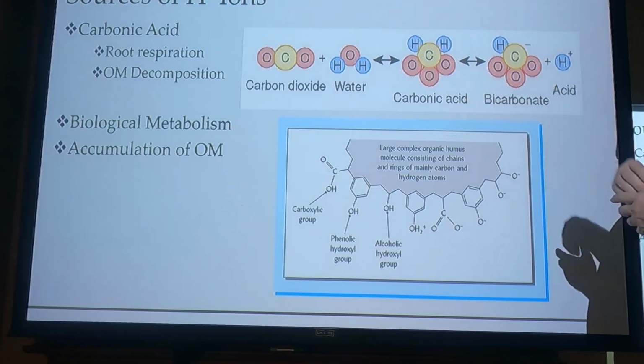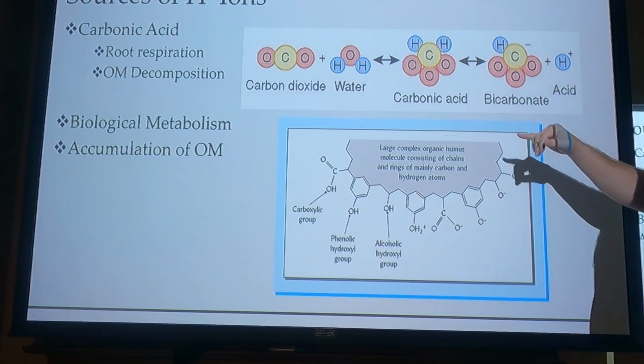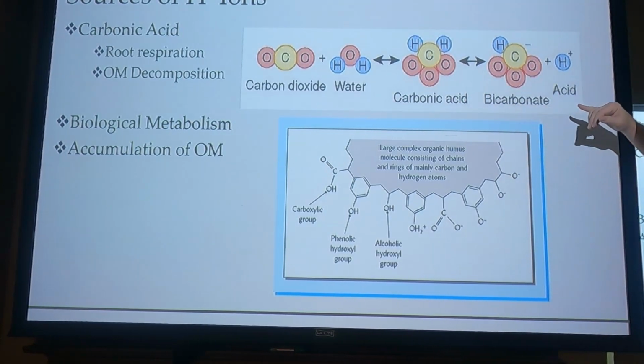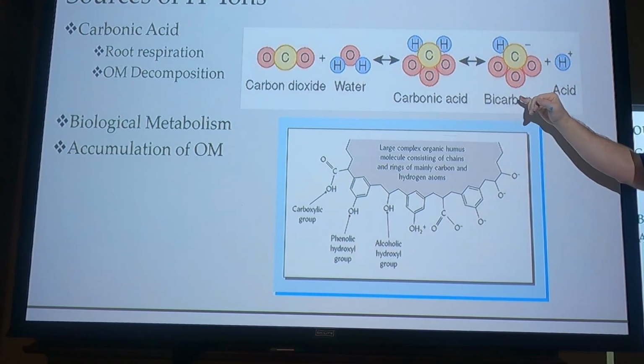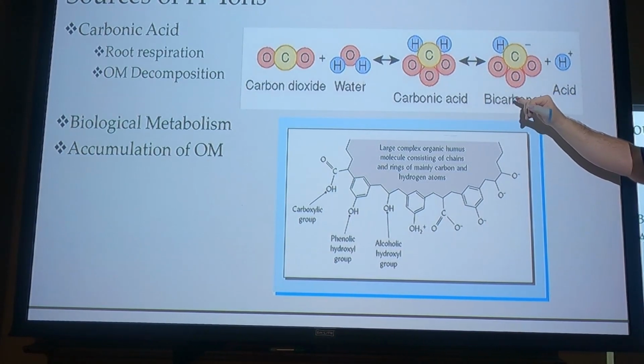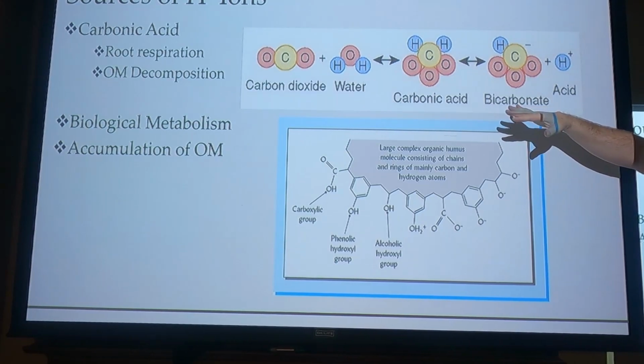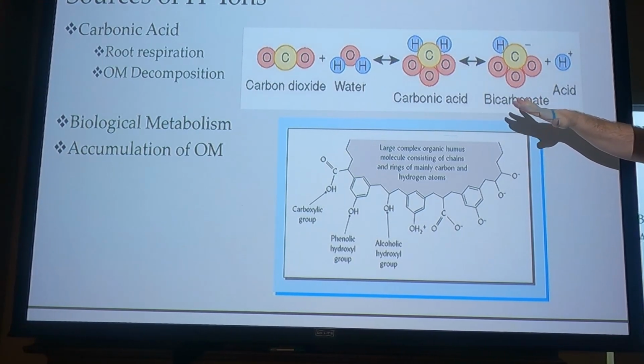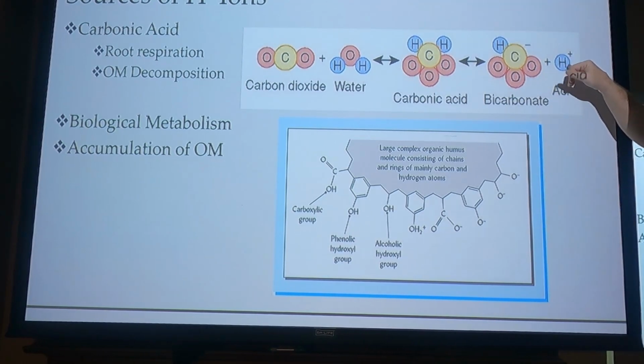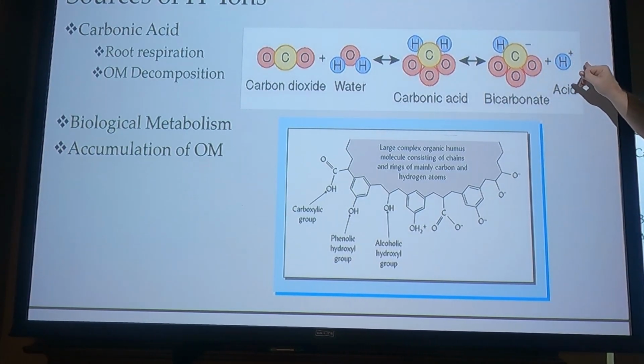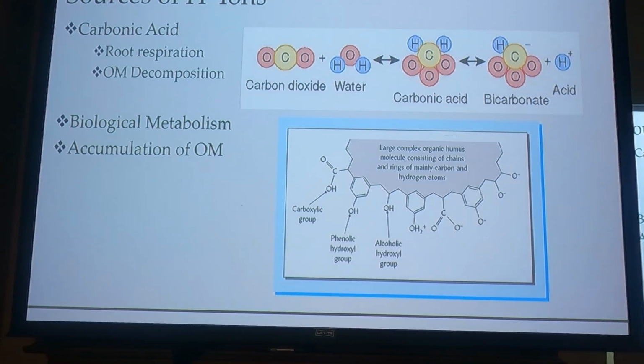That combines with water to form carbonic acid, which very quickly undergoes a change to balance, turns into bicarbonate, and from that we have one hydrogen that gets dissociated from that carbonic acid.